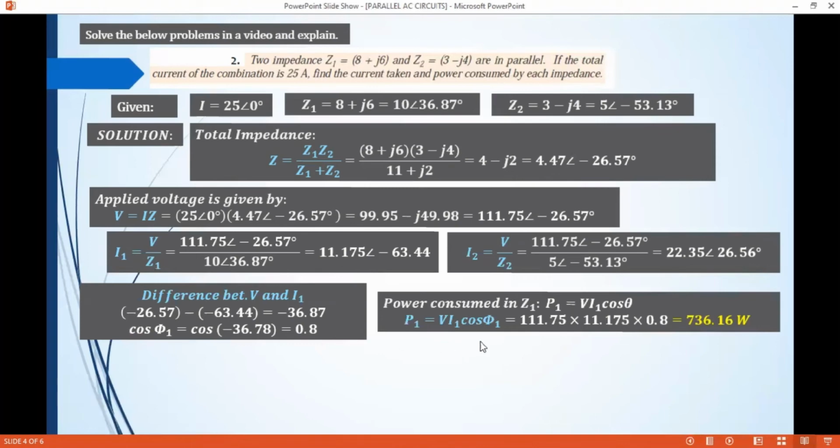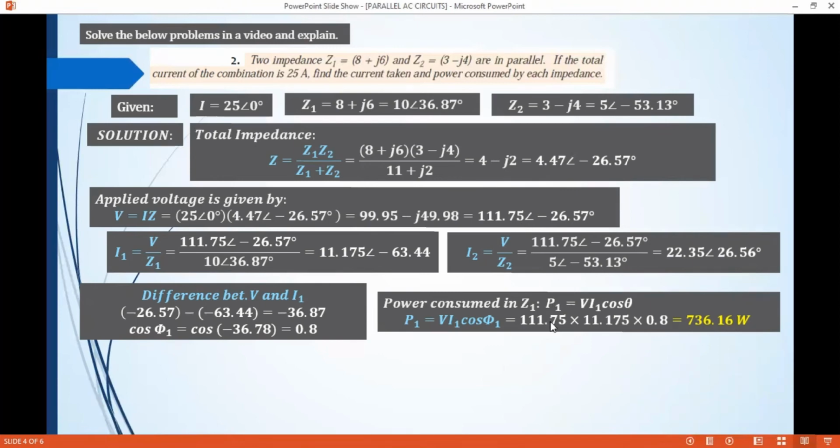So we'll be using it to get the power consumed in Z1 by the formula P1 is equal to VI1 cosine phi. This formula. So we have 111.75, which is the voltage here.